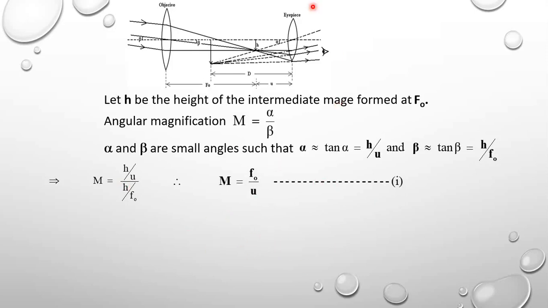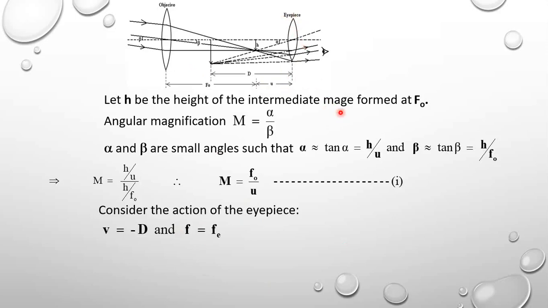Now let's consider the action of the eyepiece, because we want to substitute for this u. When you consider the action of the eyepiece, this is the lens, so you can apply the lens formula, where v is equal to negative D, because this is a virtual image, and then f is going to be the fe for the eyepiece.